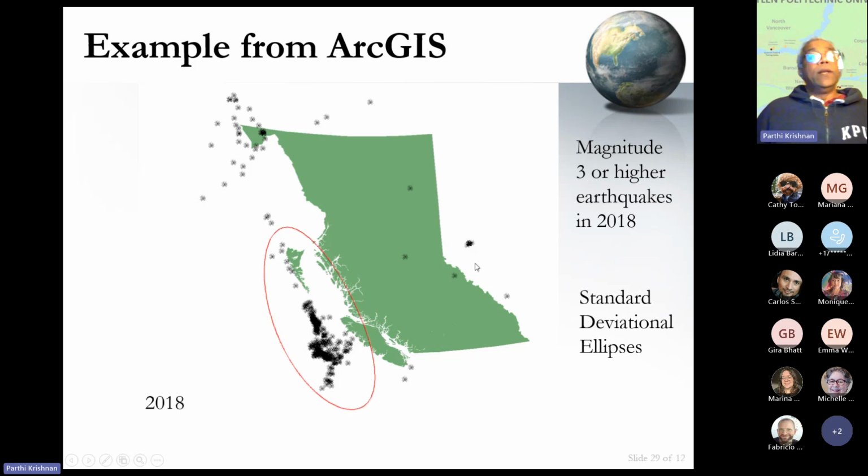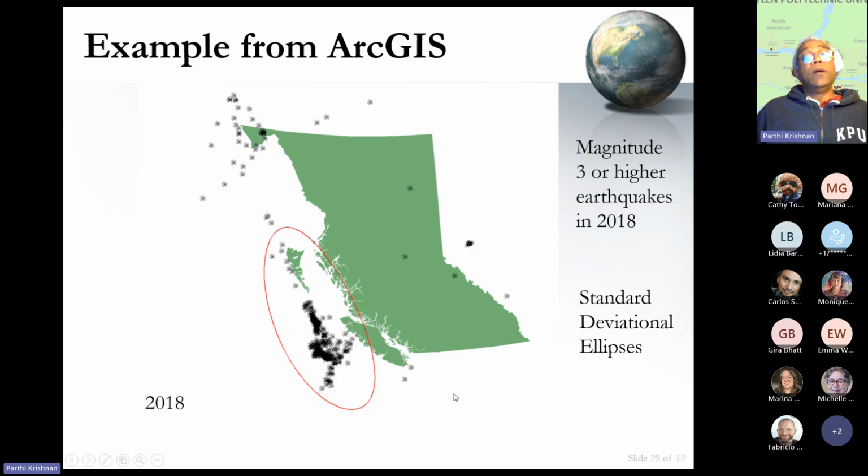And when I showed the standard deviational ellipse using one standard deviation, it shows that all of the earthquakes, which are shown as these black dots, form this particular shape with this particular alignment, which is sort of northwest to southeast along the main subduction zone or the earthquake zone.